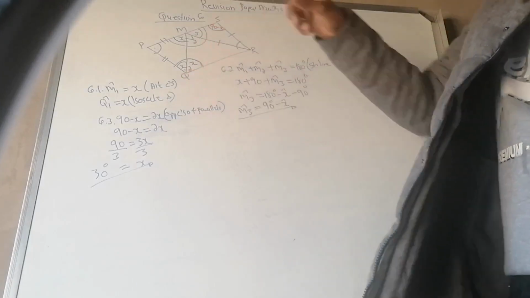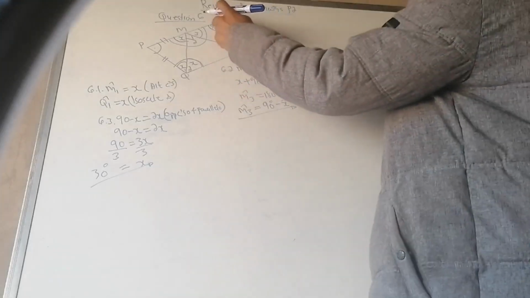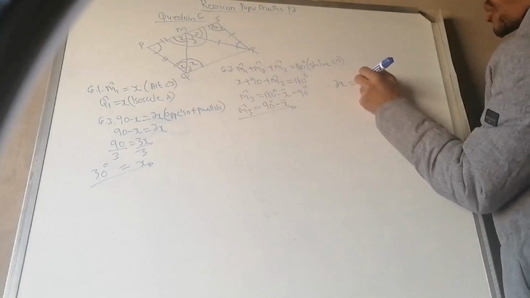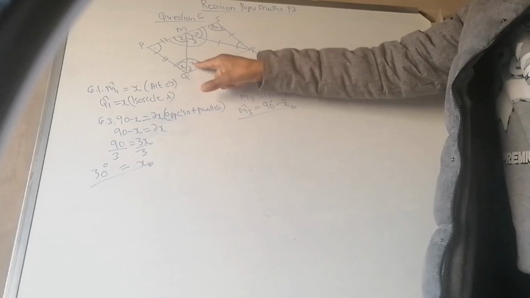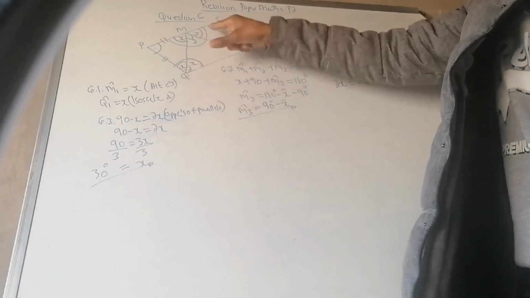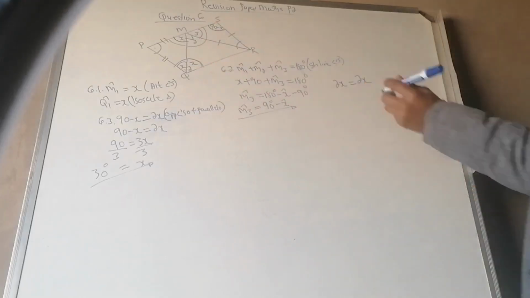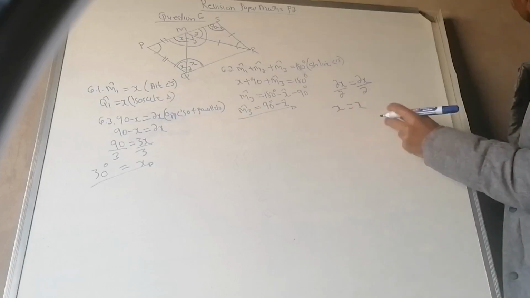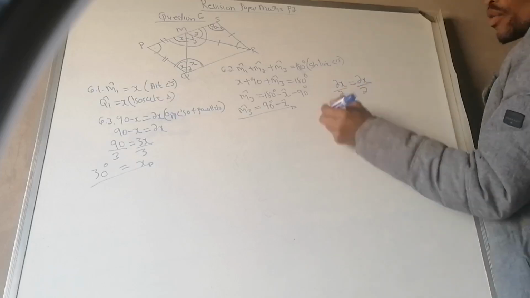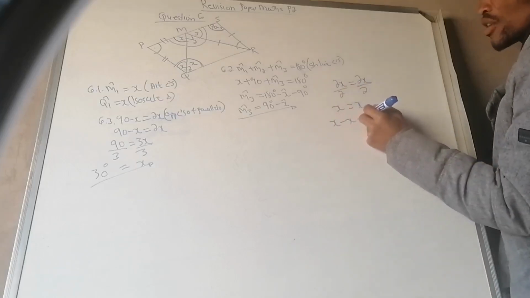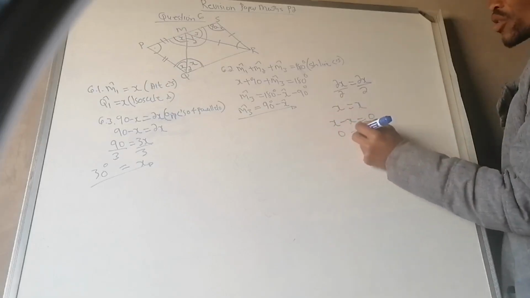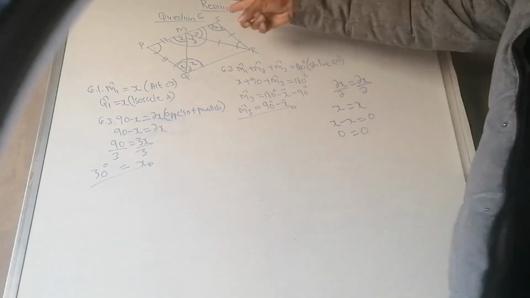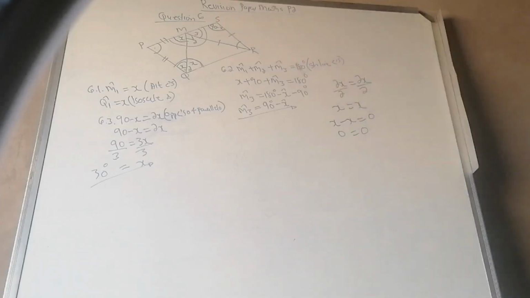But if we go on with 2X equals 2X, because this angle is equal to this angle, solving for X you get X equals X, and then X minus X equals 0, so 0 equals 0, which doesn't make any sense. So it's wrong to say that angle S is equal to 2X.